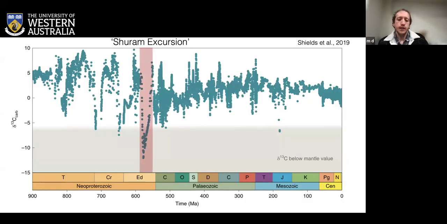So, the Ediacaran period, that's what I said I was going to talk about. And the Ediacaran period, as some of you may know, is really interesting, not just because we have some of the first animal life appearing on Earth.